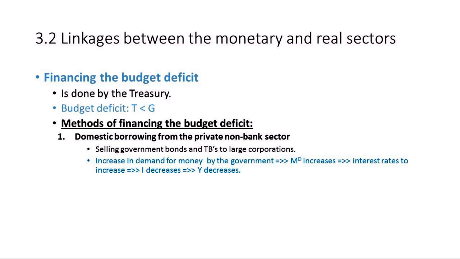They can borrow within South Africa domestically from the private non-bank sector. That would just mean selling government bonds and treasury bills to large corporations. That sort of leads to an increase in the demand for money by the government. So money demand increases. That pushes up interest rates. It reduces investment, and then output decreases. That typically happens in the second round.